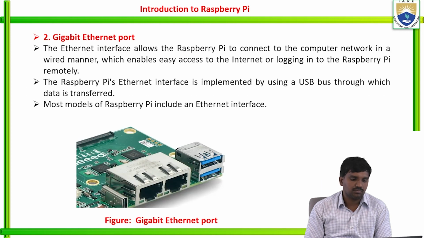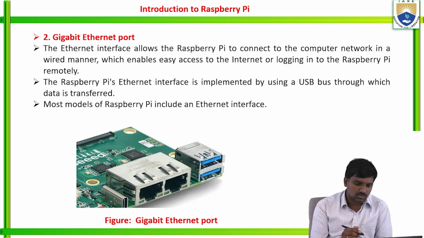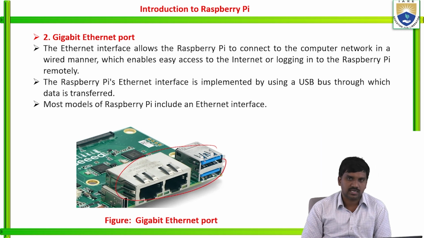Next, the gigabit Ethernet port. This is an image of a typical gigabit Ethernet port. What is the function? It allows the Raspberry Pi to connect to a computer network in a wired manner, which enables easy access to the internet or logging into the Raspberry Pi remotely.